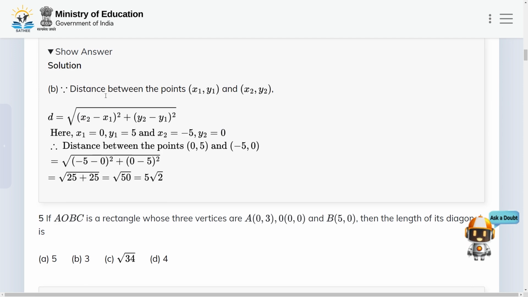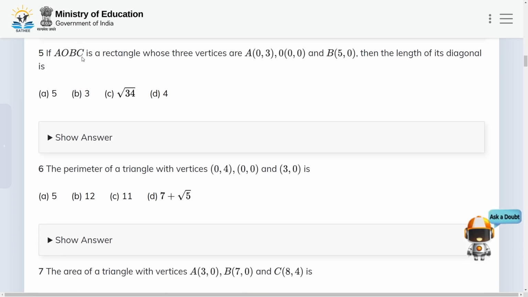Now let us move to question number 5. So if AOBC is a rectangle whose three vertices are A (0, 3), O (0, 0) and B (5, 0), then the length of its diagonal is what?